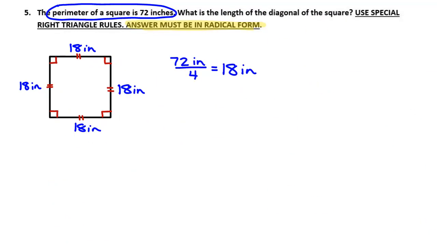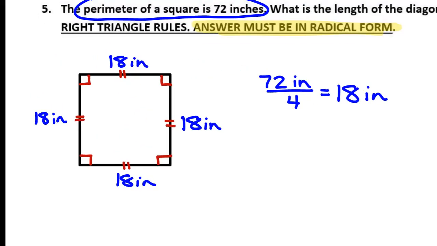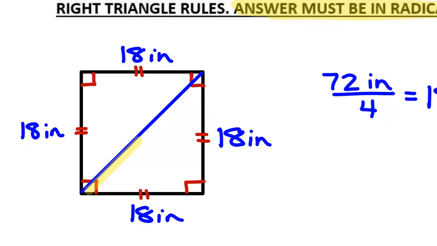We want to find the length of the diagonal. So a diagonal is going to go from corner to corner, opposite corners. And when I do that, it creates this right triangle right here that is one of our special right triangles. I have 2 sides that are congruent.